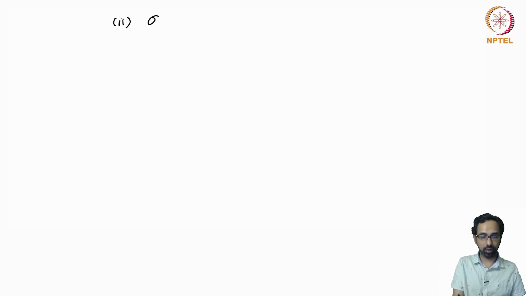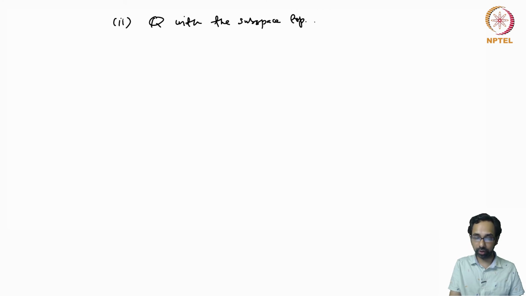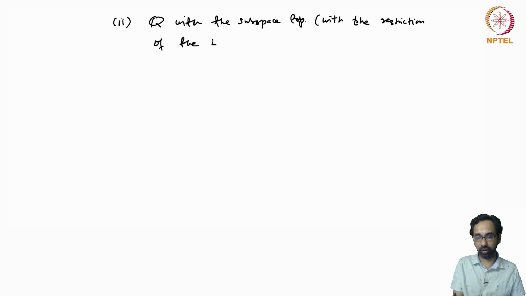Q, the rationals with the subspace topology, and well, if you want to view Q as a metric space, with the restriction of the Euclidean metric on R, which is basically the same thing as the subspace topology.